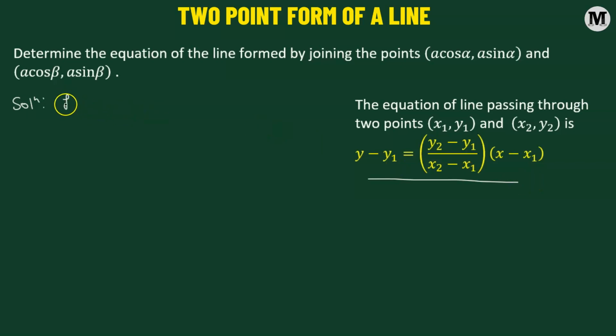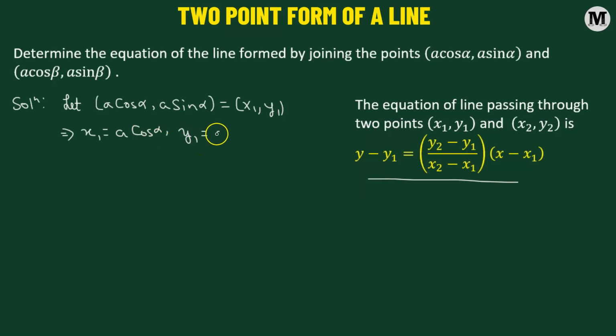So let us begin. Since we have the 2 points, let's say the first point a cosine alpha, comma a sine alpha, is equivalent to the point x1, y1. So x1 will correspond to a cosine alpha and y1 will correspond to a sine alpha.